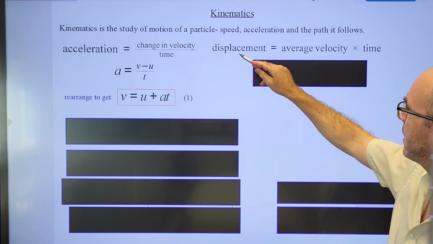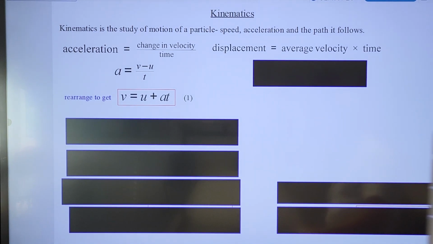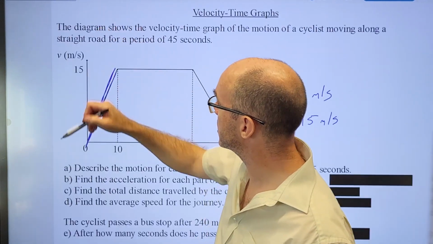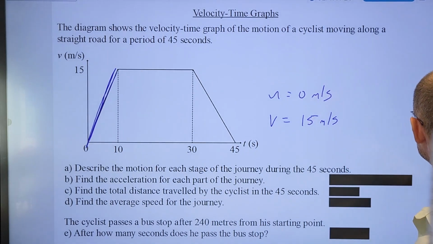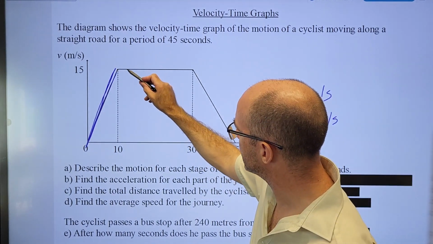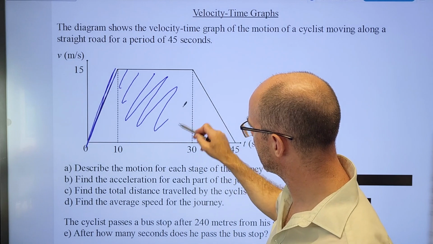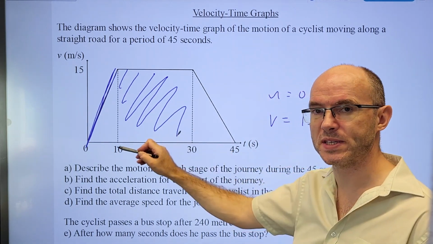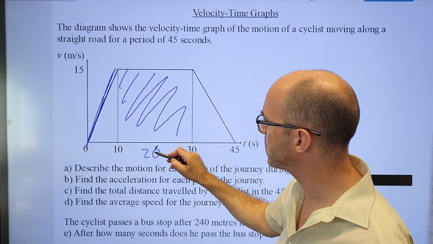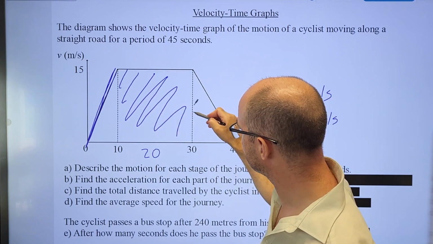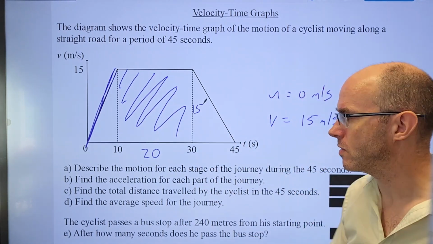Here, different equation. Displacement is average velocity multiplied by time, taking you back to this. If you're with me when we worked out the distance travelled in this part of the journey for 20 seconds, what we did was 20 multiplied by 15, and that gave us 300 meters, of course.